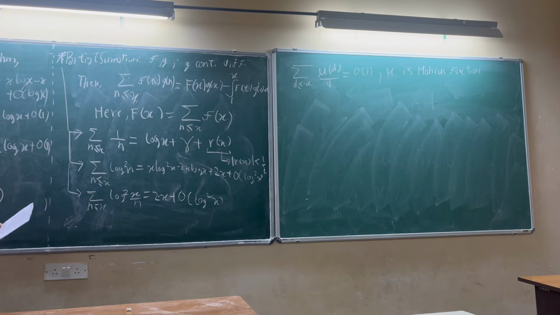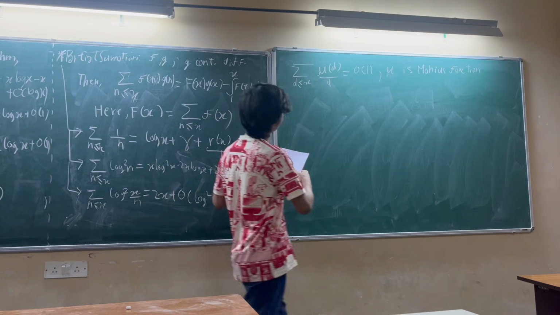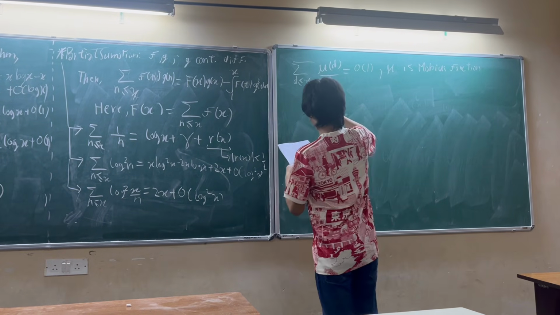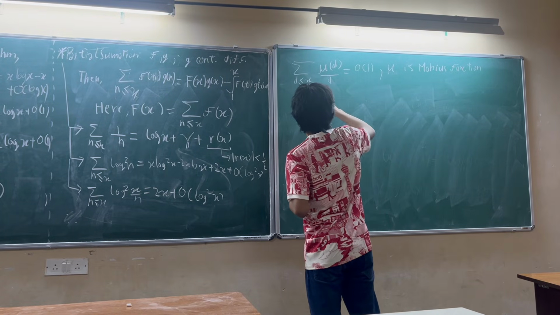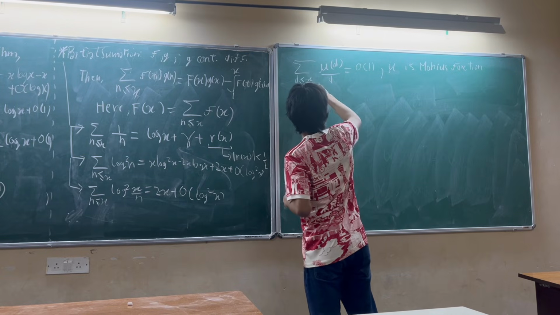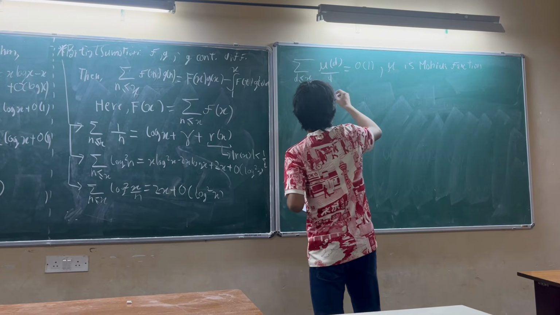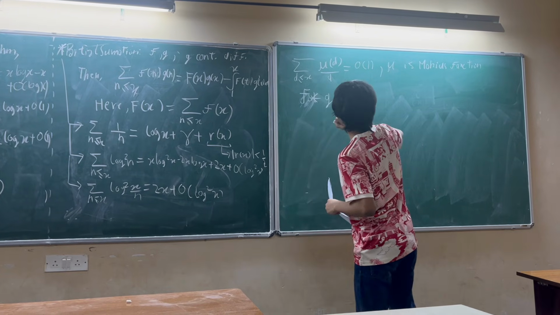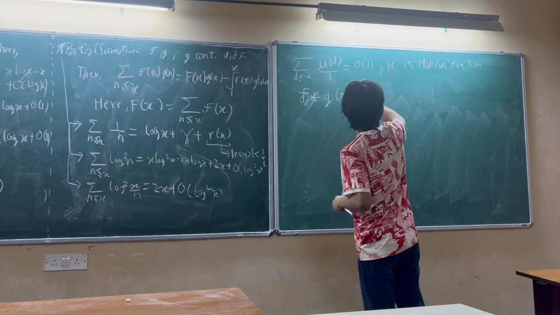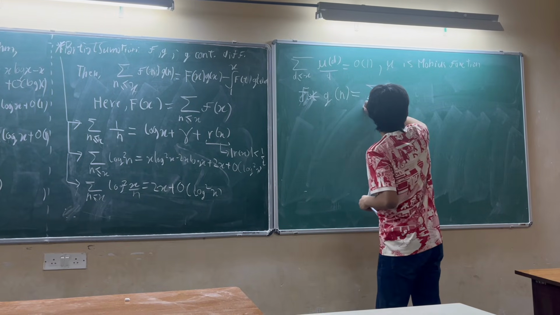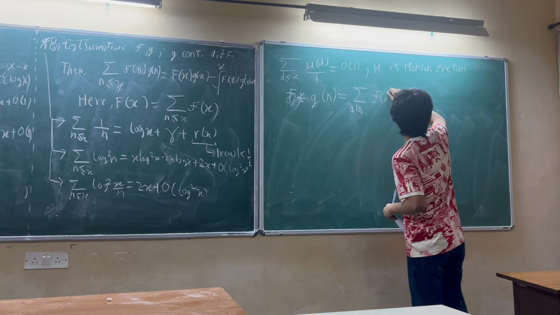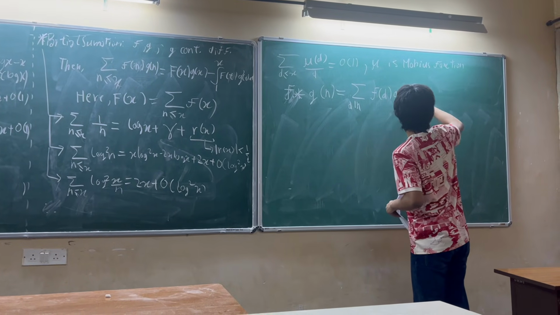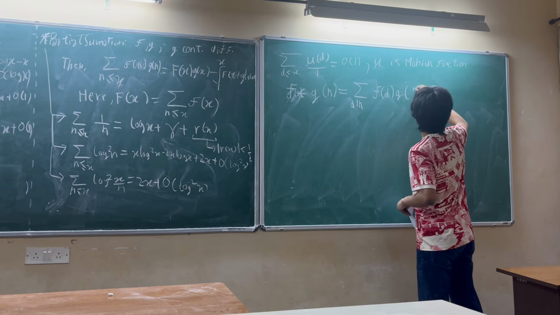To formally state what a generalized von Mangoldt function is, first of all, we need something called a convolution. The convolution of two arithmetic functions is denoted by star, f star g of n. This is defined as the sum over d dividing n, where n is an integer, remember, of f(d) times g of n by d.